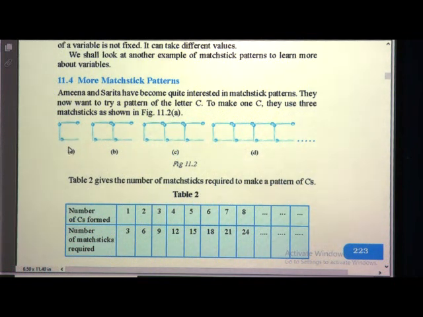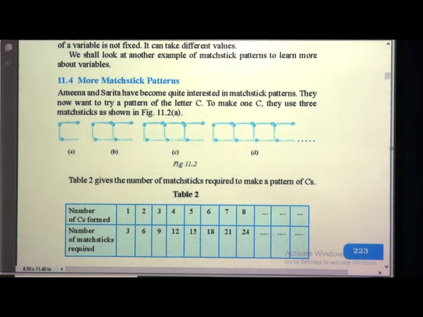So, n is equal to 1, that means 1 should be multiplied by 3, we get 3 matchsticks. Now, how many C are here? 2 C's. So, 2 should be multiplied by 3, 2 3s are 6, 3 3s are 9, 4 3s are 12, 5 3s are 15.